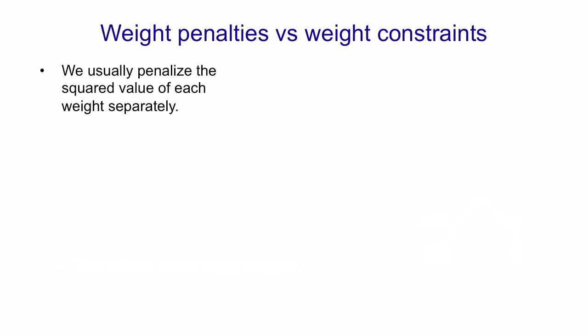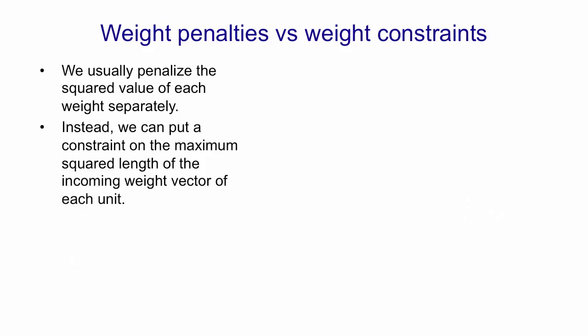Instead of putting penalties on the weights, we could actually use weight constraints. What I mean by that is instead of penalizing the squared value of each weight separately, we put a constraint on the maximum squared length of the incoming weight vector of each hidden unit or output unit.